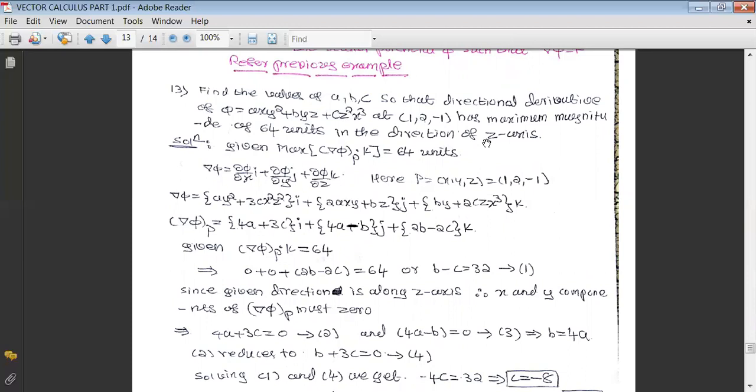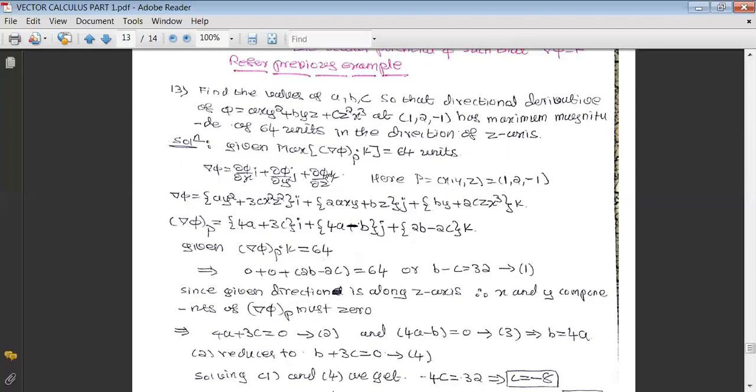Okay, now here our job is to find the values of a, b, c which fulfill the given criteria. First, let us find the directional derivative, and they have given that the directional derivative has a maximum value 64, and that is in the z direction. And in the z direction, the unit vector is taken as k, because as we said in the beginning, i, j, k represent the unit vectors in the direction of the coordinate axes x, y, z respectively.